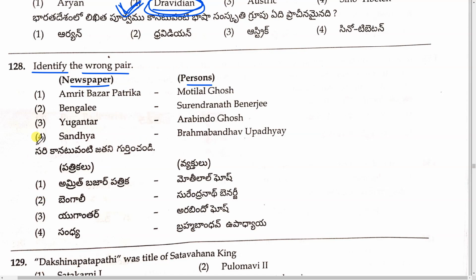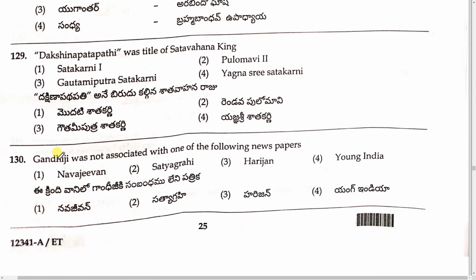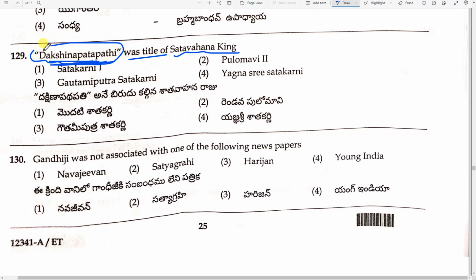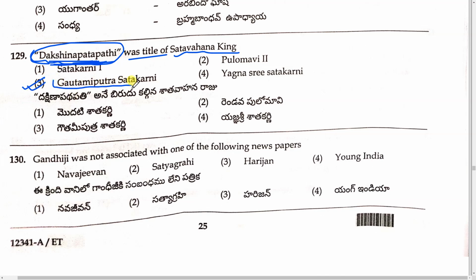Dakshina Pathapati was a title of a Satavahana king. Which Satavahana king wrote this book? This book was written by Gautamiputra Satakarni.